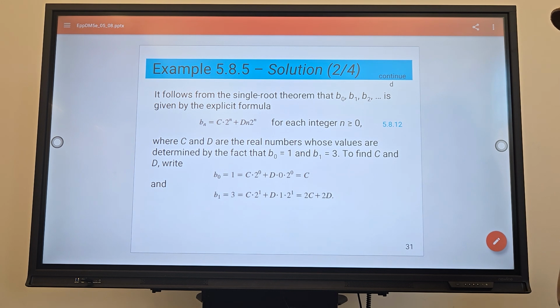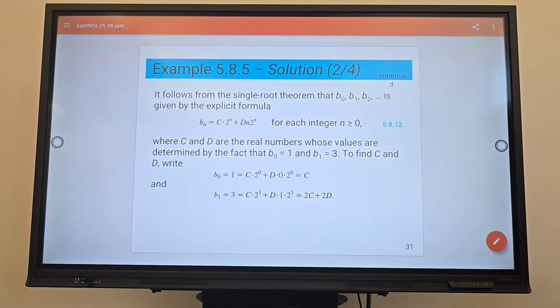It follows from the single root theorem that the sequence B is given by the explicit formula b sub n equals C times 2 to the n plus D times n times 2 to the n for every integer n greater than or equal to 0, where C and D are real numbers whose values are determined by the fact that b0 is equal to 1 and b1 is equal to 3.